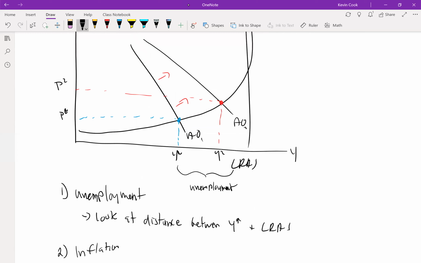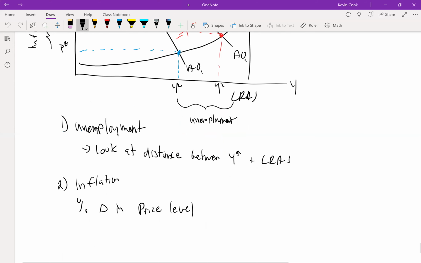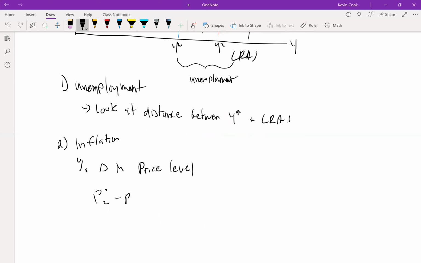When you think about inflation, just like a few minutes ago, we look at the percent change in price level. That little distance there will give us an idea of our inflation. Just like before, with inflation we take P2 minus P1 over P1 times 100. That'll give us a percentage.